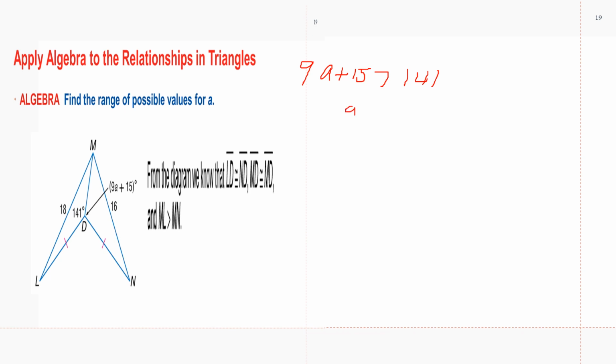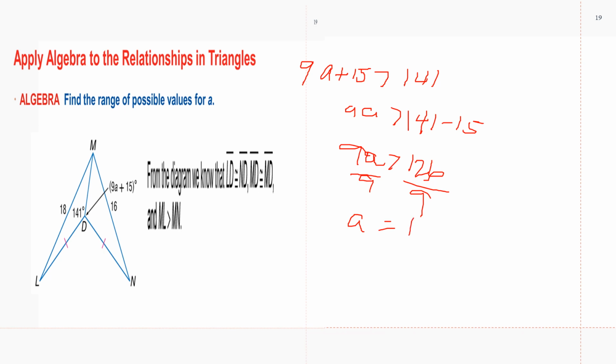So 9A is greater than 141 minus 15. Therefore 9A is greater than 126, divided by 9. A is greater than 14.